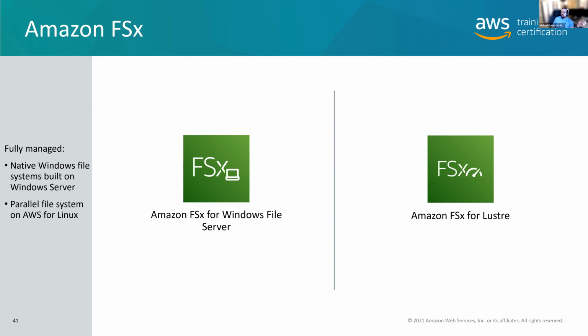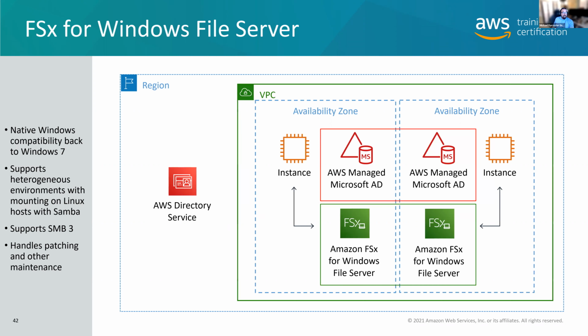And then there's FSX for OpenZFS, which I think was originally a Solaris thing, if I remember correctly, the Sun Solaris. But it's an open source high performance file system. People really love it. So just know that there's lots of options with FSX.